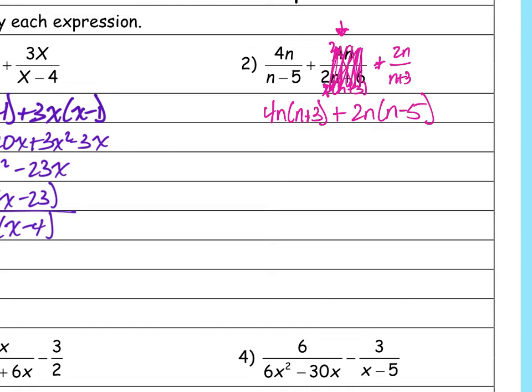Does anybody have a question about what I just did there? Okay. So I'm just going to do it again, if that's okay. I noticed that, in the denominator, I can factor a 2 out, right? And that becomes n plus 3. Are you okay with that? So then there's a 2 out here, and 2 goes into 4 2 times.